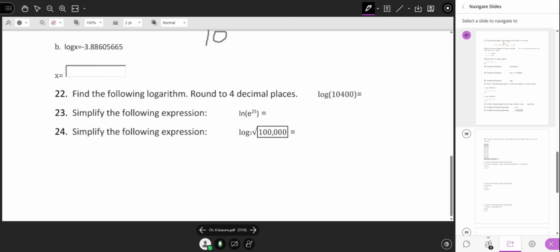Now, this one, find this answer first. I think, let me try this one in Desmos. Square root of 100,000.